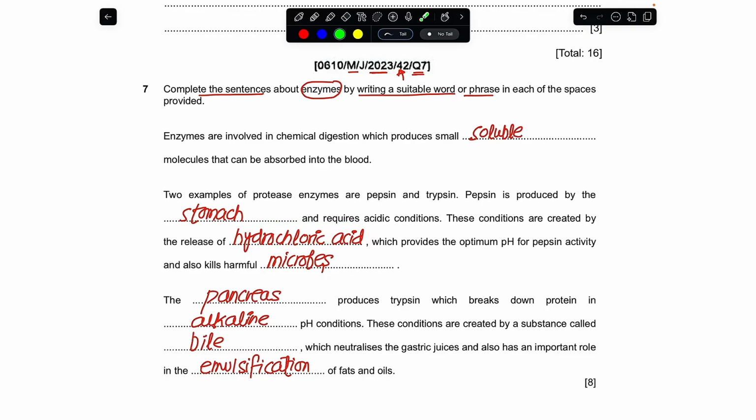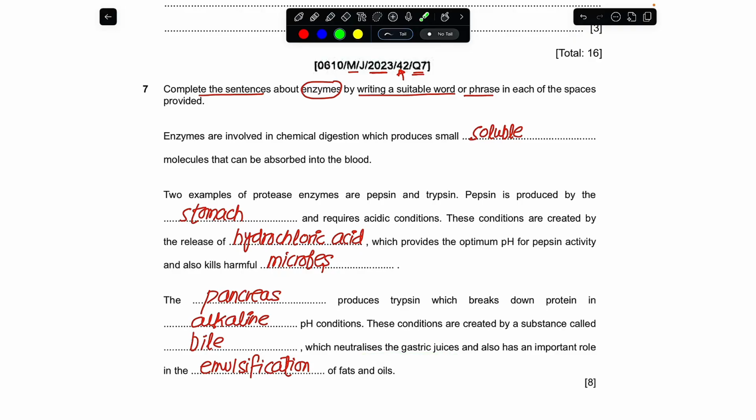If we move further, they say the dash produces trypsin, which breaks down protein in the dash pH conditions. So we know the trypsin is produced by the pancreas. And if it has to break down the protein, there would be a need for alkaline pH conditions. They say these conditions are created by a substance called dash, which neutralizes the gastric juice.